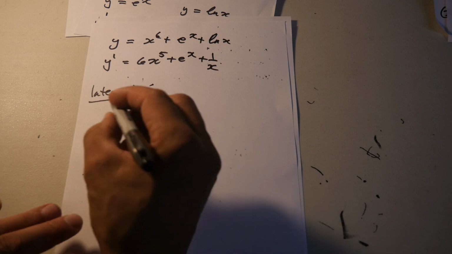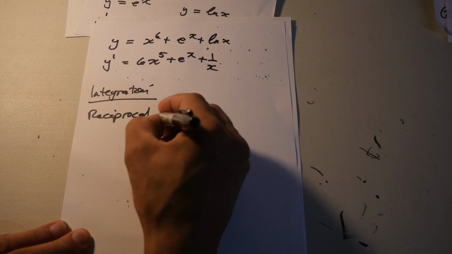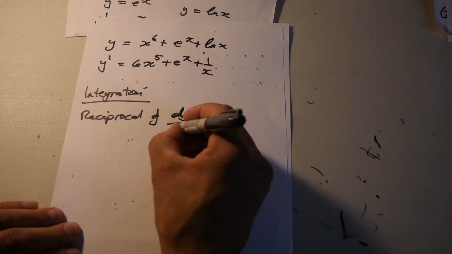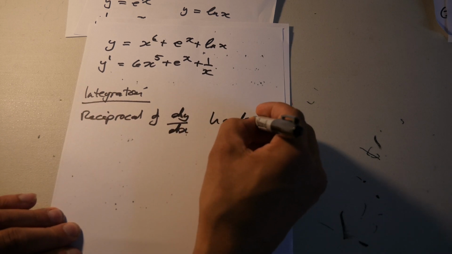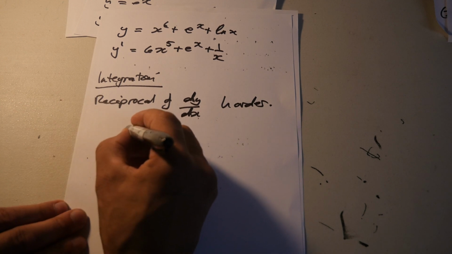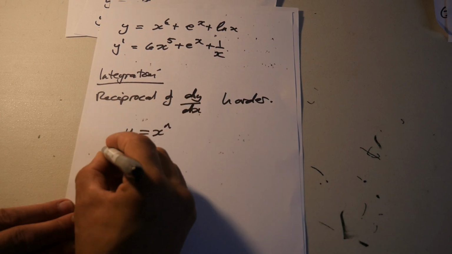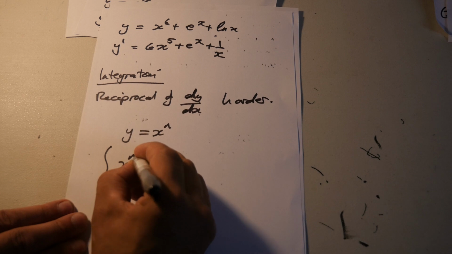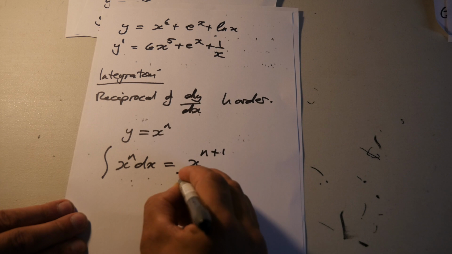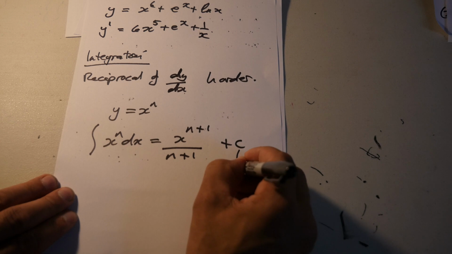So this is the reciprocal of dy by dx, okay? And it's harder. So the general formula: y equals x to the n, so the integral of x to the n dx is equal to x to the n plus 1 over n plus 1 plus c, which is the constant of integration.